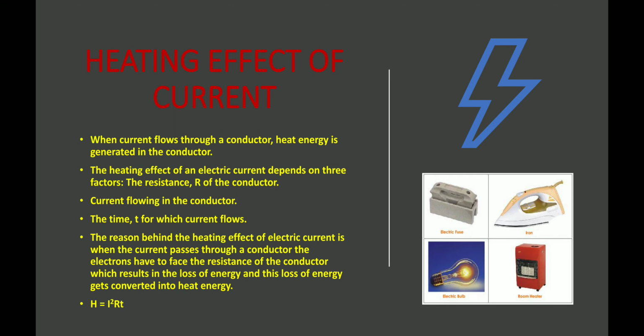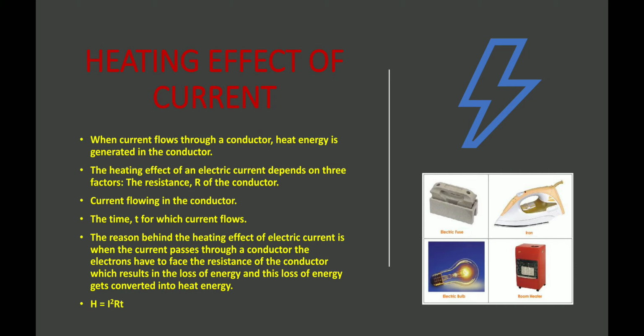This is our last slide, which tells us about heating effect of current. When an electric current is passed through a high resistance wire like nichrome wire, the resistance wire becomes very hot and produces heat. This is known as heating effect of current. It is obtained by transformation of electrical energy into heat energy.